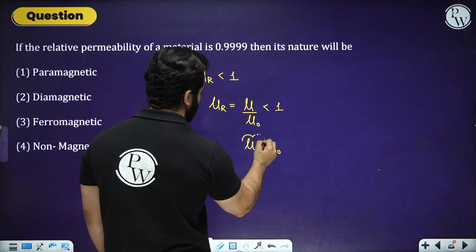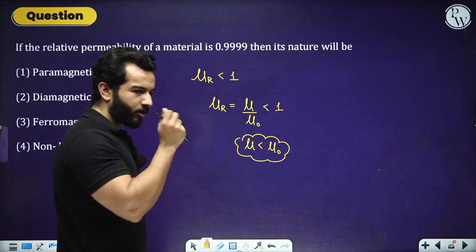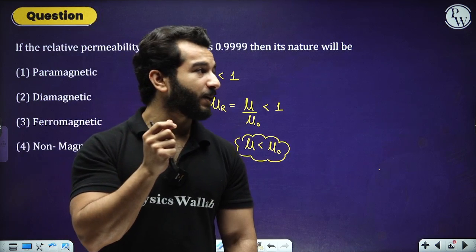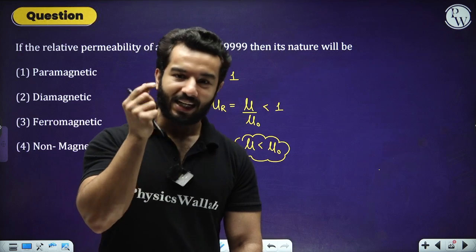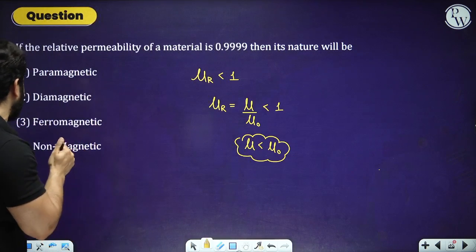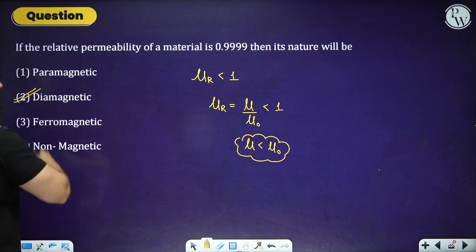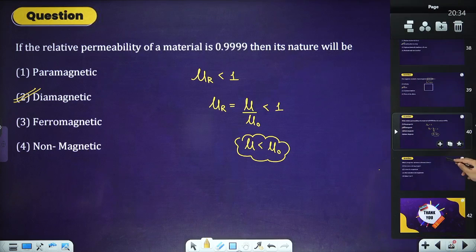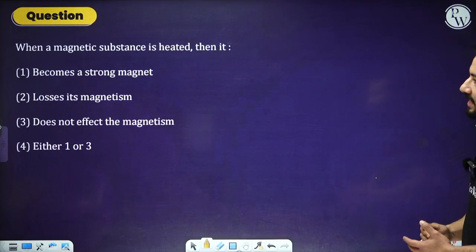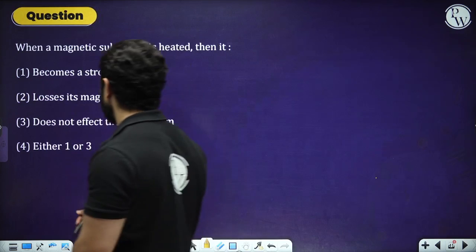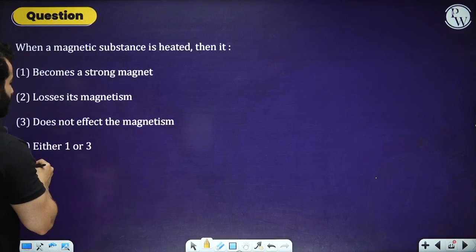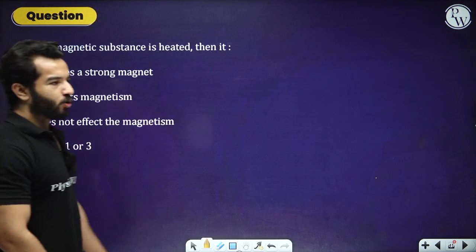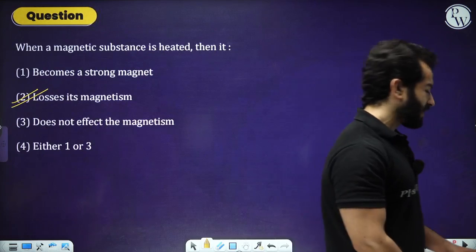This means that we are talking about a material which is getting magnetized in the opposite direction, which is nothing but a diamagnetic material. When a magnetic substance is heated, it loses its magnetization, right? It loses its magnetization.